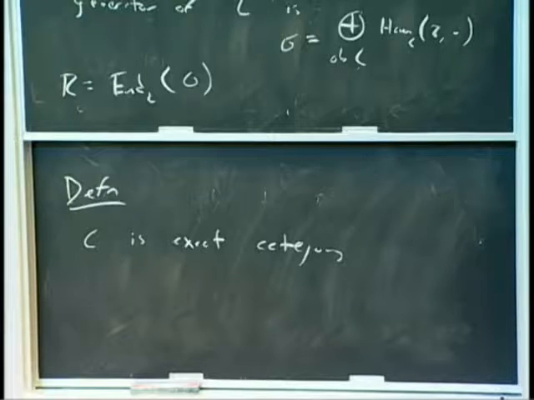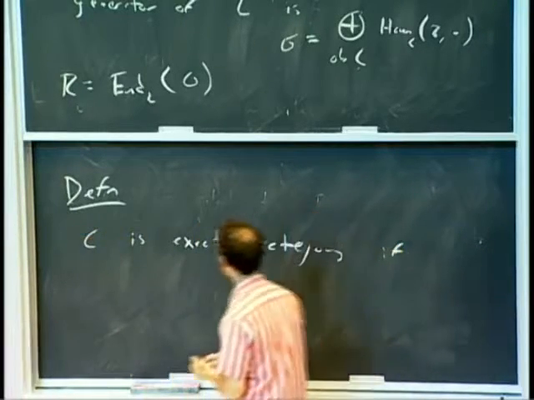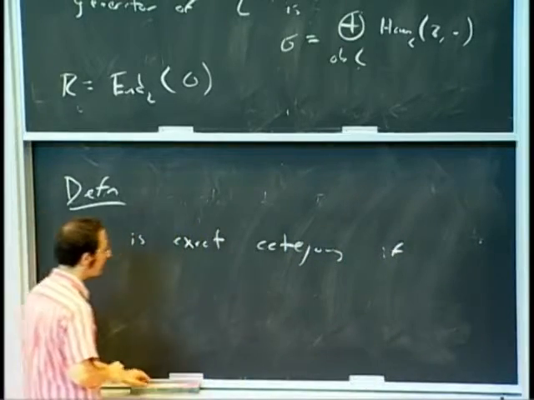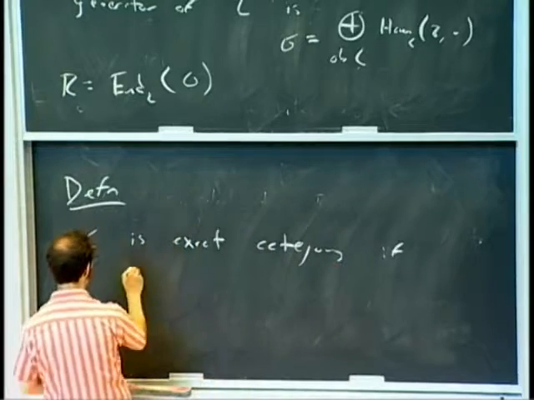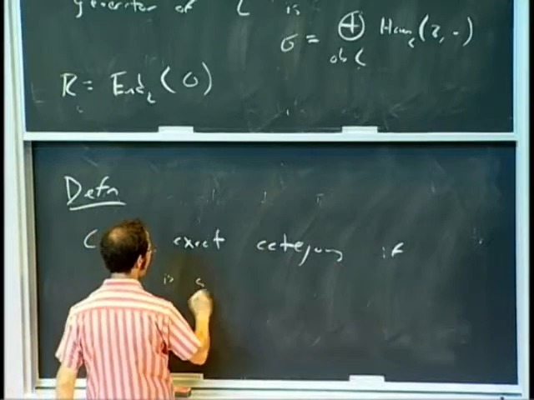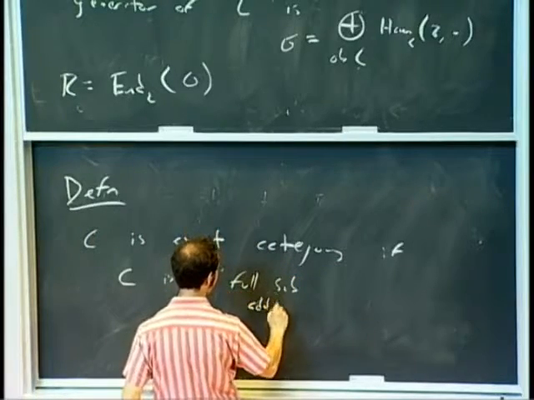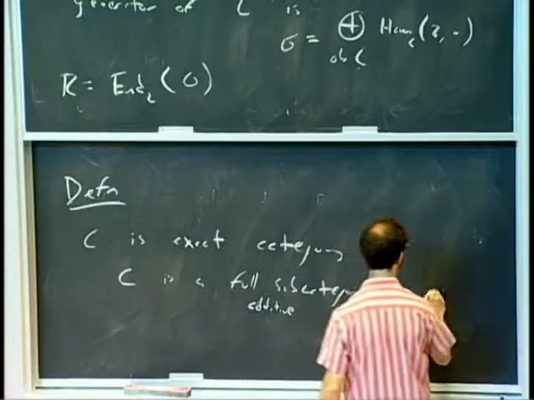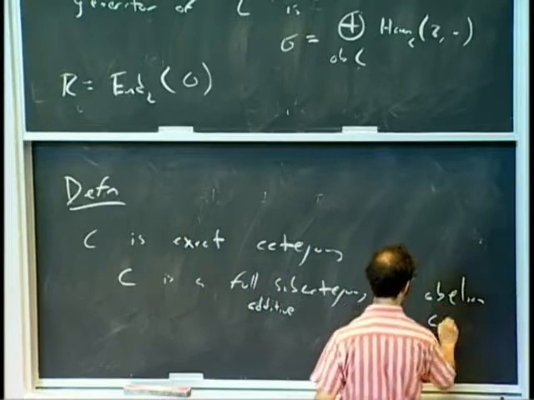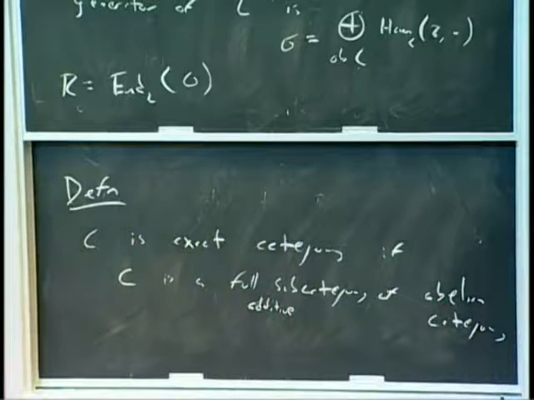And so what I want now is that C is an exact category if C is a full additive subcategory of an abelian category. And the data of an exact category equips us with a notion of exact sequence.